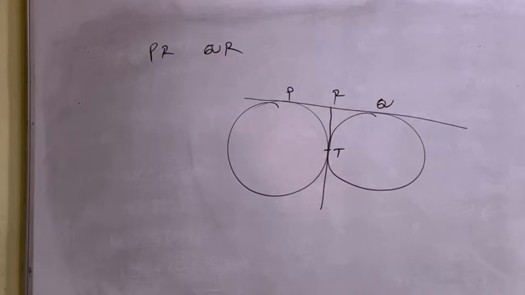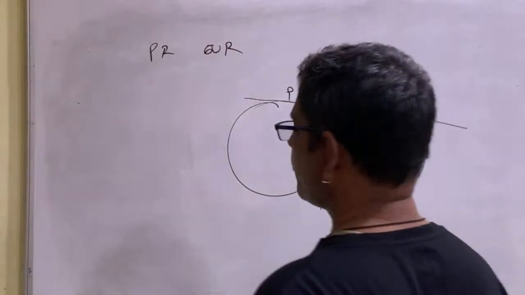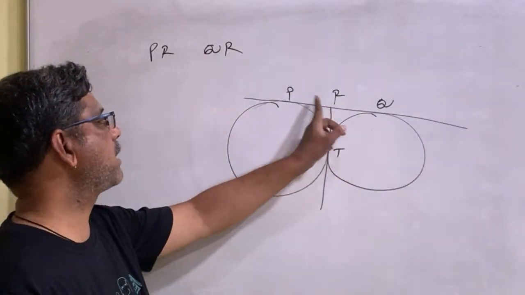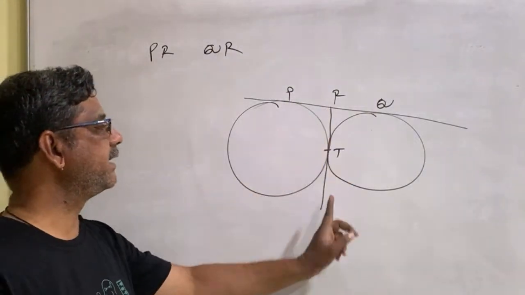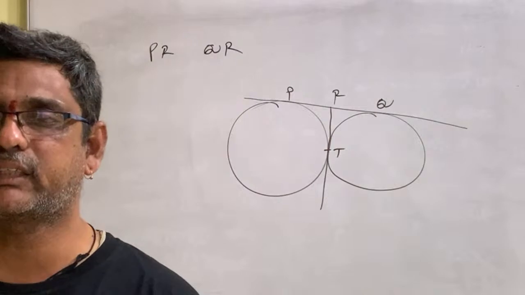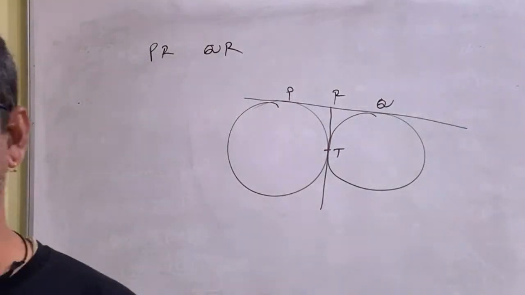RP and RT are the tangents drawn from an external point R, so they are equal.